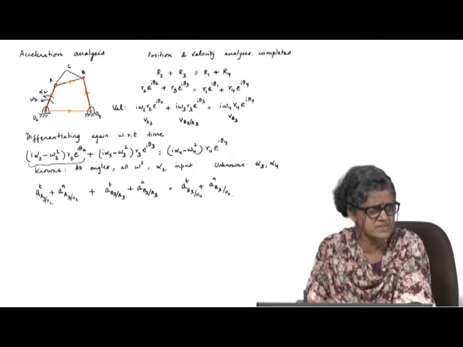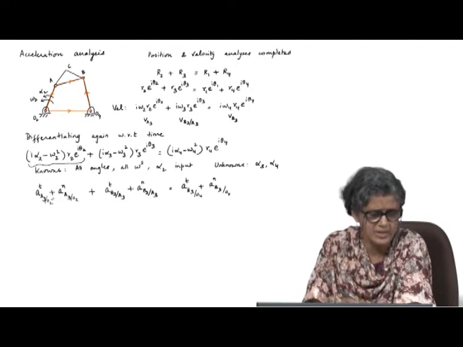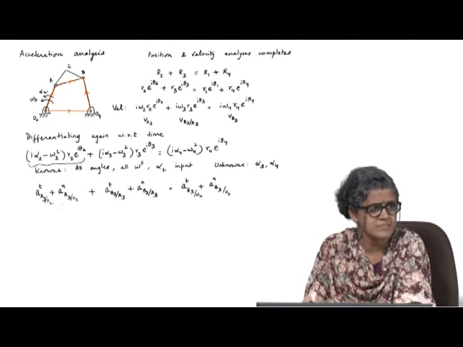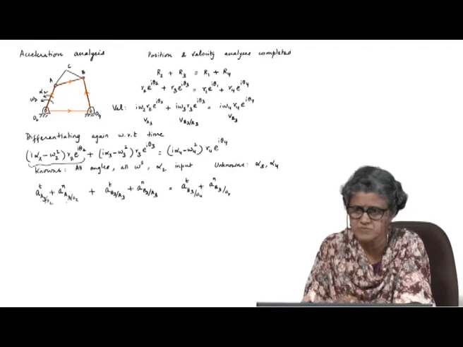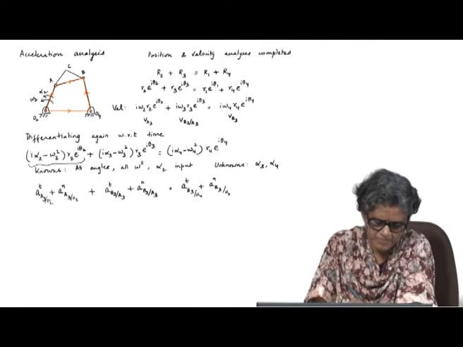That is what it means. When I do not specify the second point, it implies that it is with respect to a fixed pivot, okay. Velocity and acceleration 0.